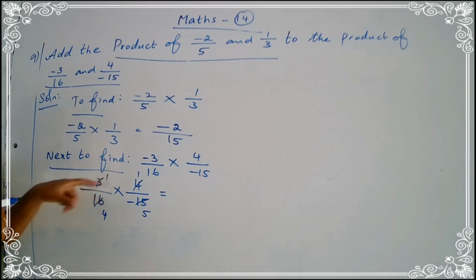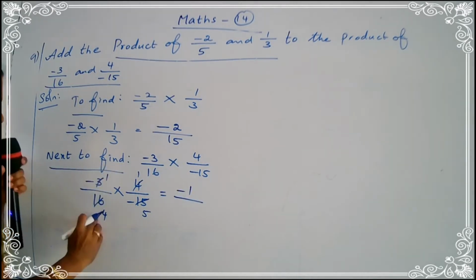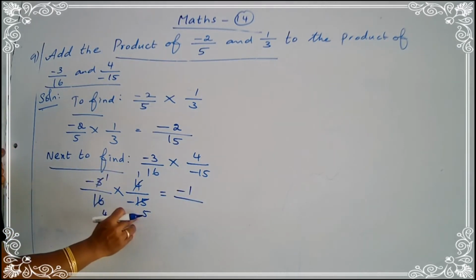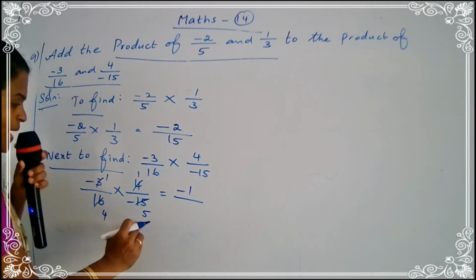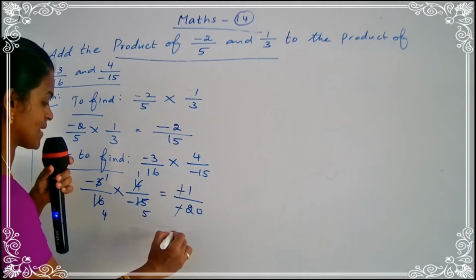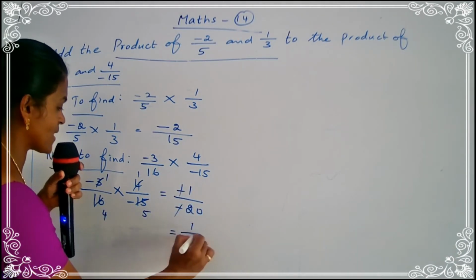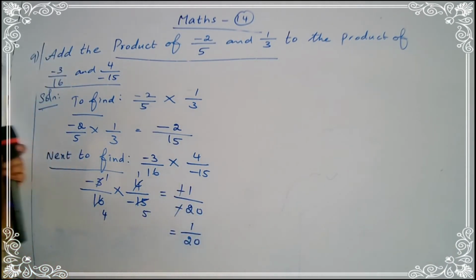Okay. So minus 1 into 1, minus 1, upon 4 into minus 5. 4 into minus 5, how much? Minus 5 fours are 20. Minus minus cancel. So your answer is 1 upon 20. Okay children. So your answer is 1 upon 20. Now, next.